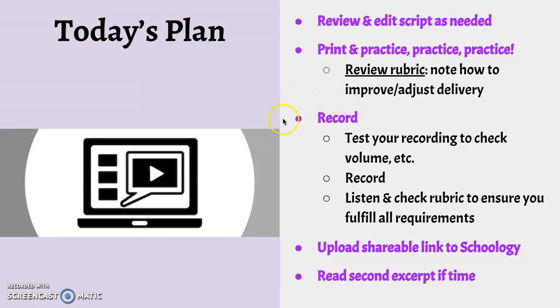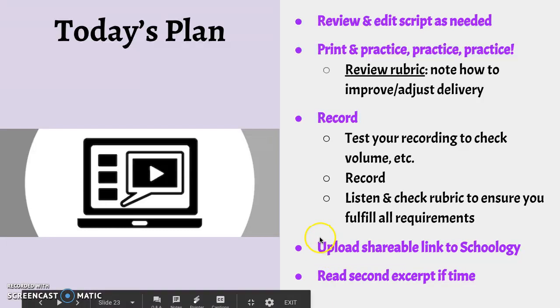You can't do that enough. And then they record. So they should test their recording to make sure the volume is good, and then listen back to it and double check their rubric, because there usually is time in class to re-record if they need to. So then they need to upload that shareable link to Schoology, and then there is just another activity if time allows.